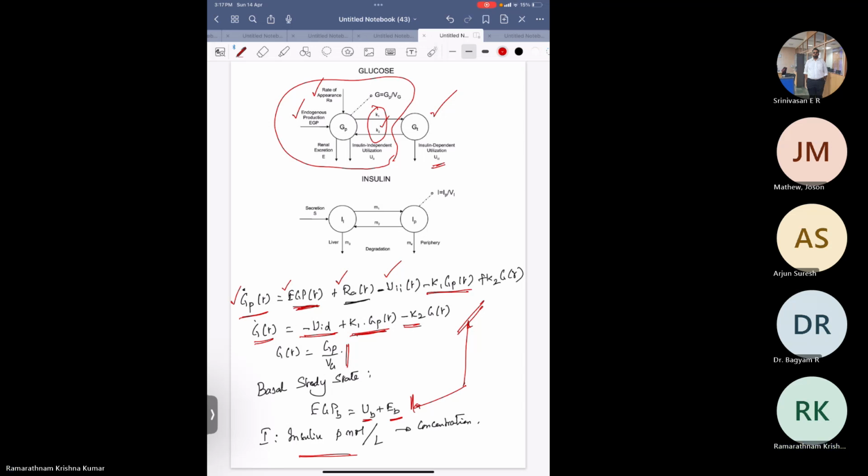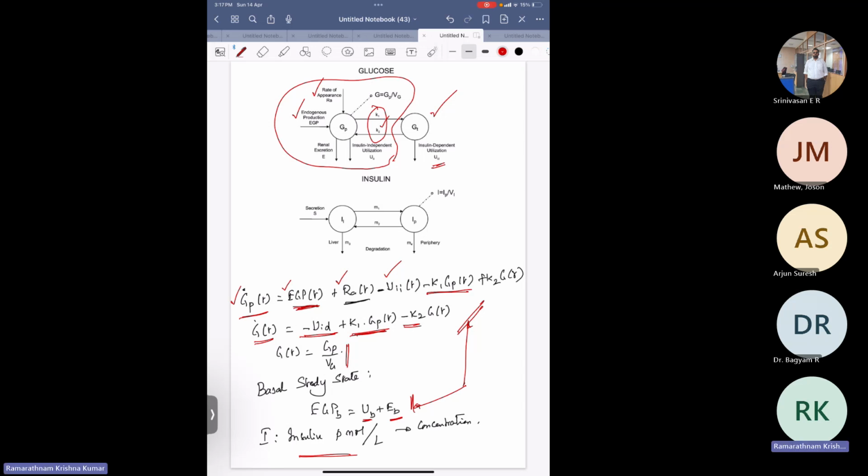Now, the key here is to actually evaluate these parameters. And that's a different topic, as I told you. And that is curve fitting, parameter estimation. So next time when we do data analysis, we will do parameter estimation as a part. In fact, people don't understand that unless you have a physiological model, data analysis has no meaning.